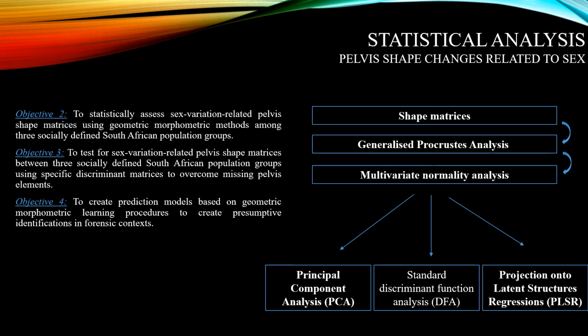A generalized Procrustes analysis would be performed on the Cartesian coordinates to obtain orientation-invariant shape coordinates. A principal component analysis would be performed to assess sex-related pelvis shape variations among each population group by creating independent transformed variables referred to as principal component scores.